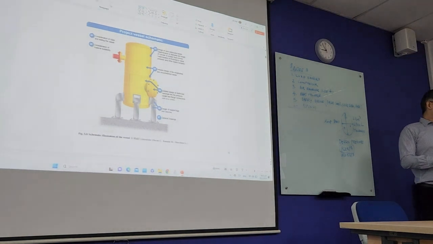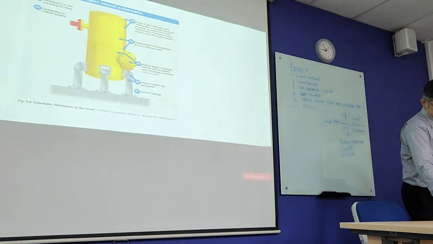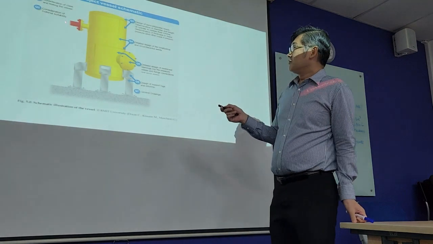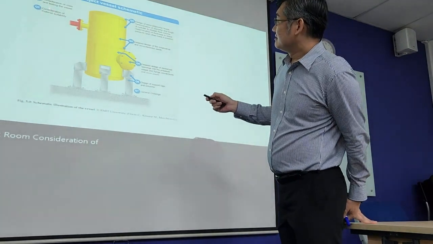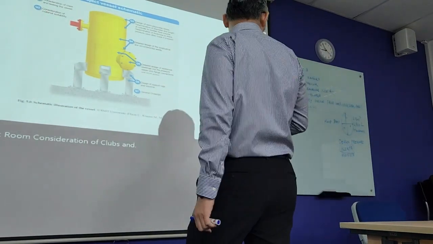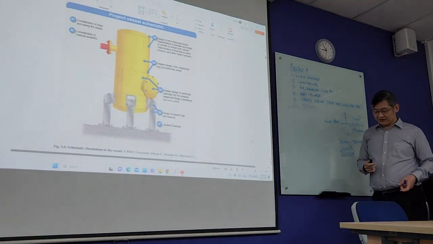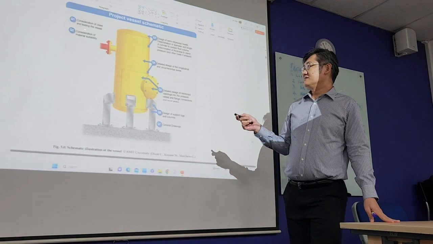So for project B, what we are going to do. You can see from here, question 1, consideration of a class and testing of the vessel.